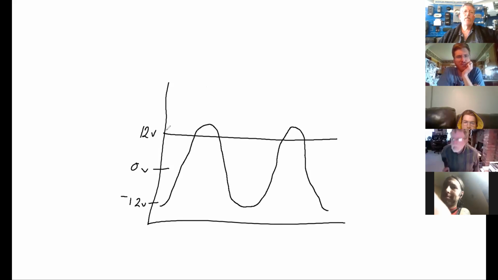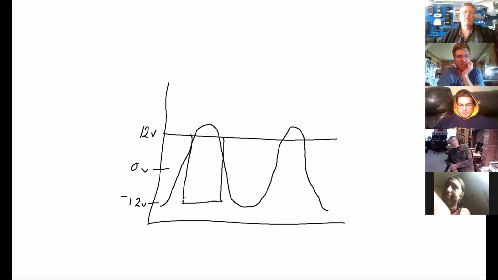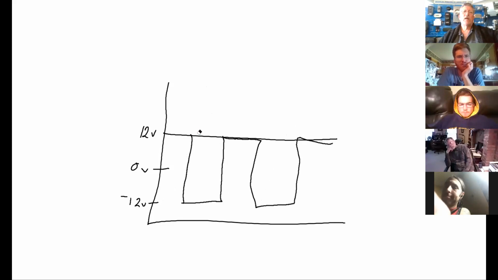So how do we go from this line to this line? Well, what they decided is you could simply reverse the polarity. If you've got positive 12 volts, then you reverse the polarity and you go to negative 12 volts, and then positive 12 volts and negative 12 volts. You just do that 60 times a second, and that would be a square wave.